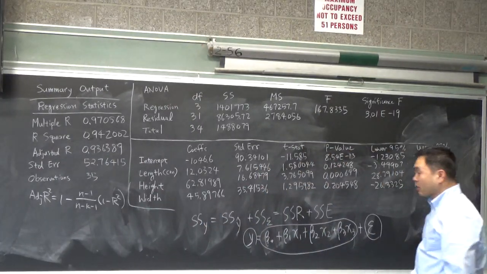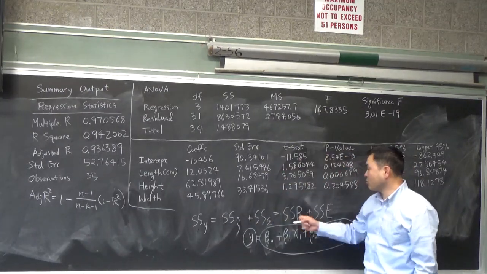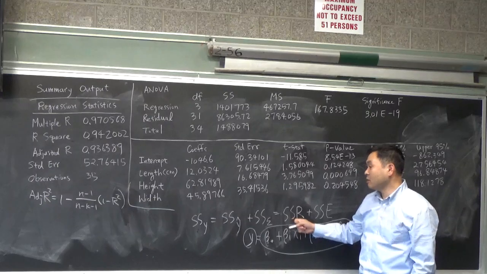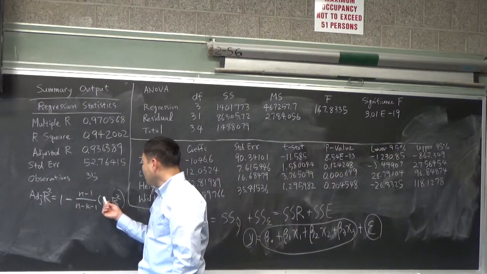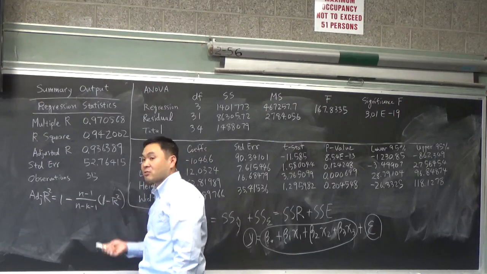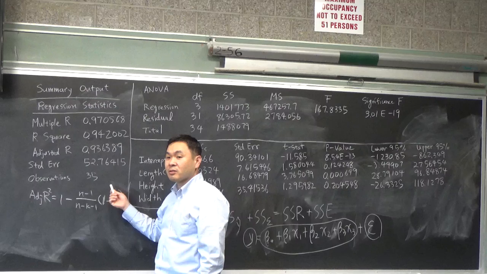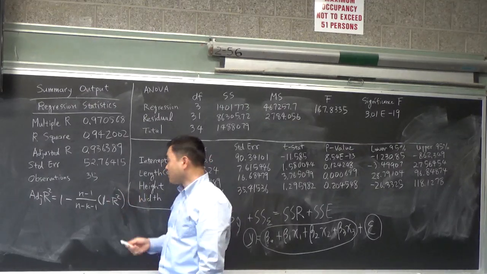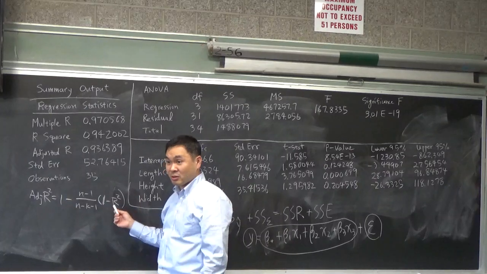That's the meaning of R squared, okay? So it tells you how much of the variance of y can be explained by the variance of y hat. So if you know that, what's the meaning of 1 minus R squared? That's how much is not explained by the multiple regression. That's what it means, right?